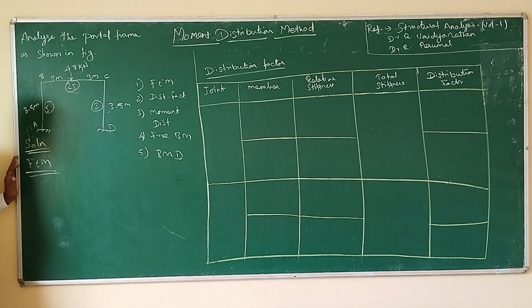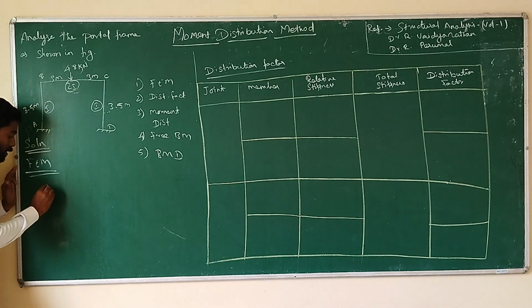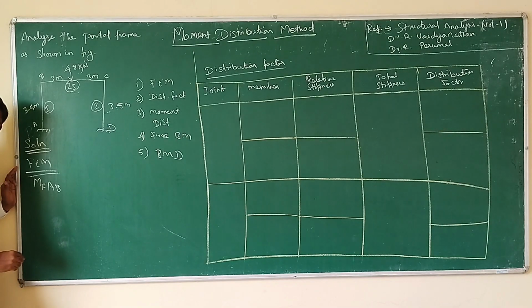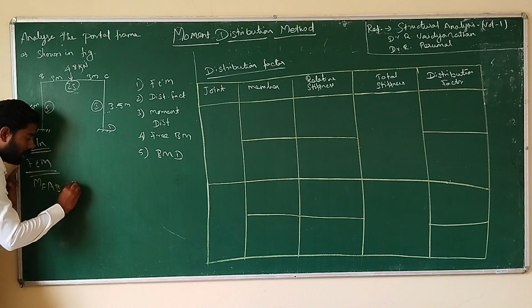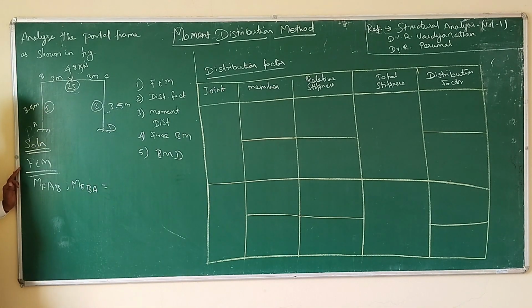Now I am going to the first step, the fixed end moments. To calculate the fixed end moments, the first thing we need is the loading calculations. Here for span AB, we are going to calculate MFAB and also MFBA, so in the reverse direction also we need to calculate.